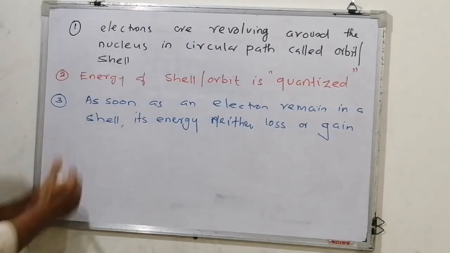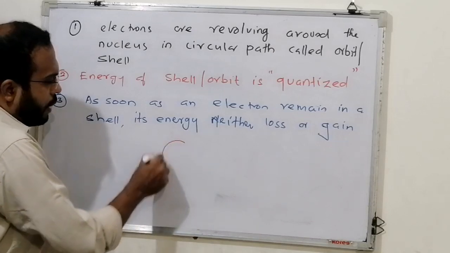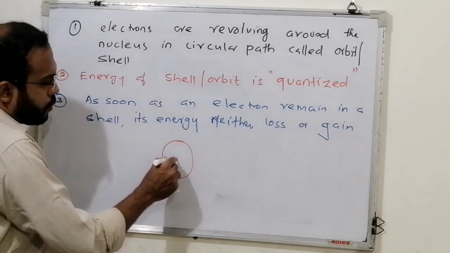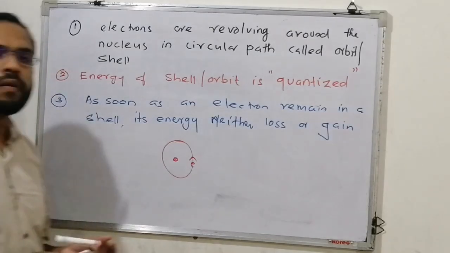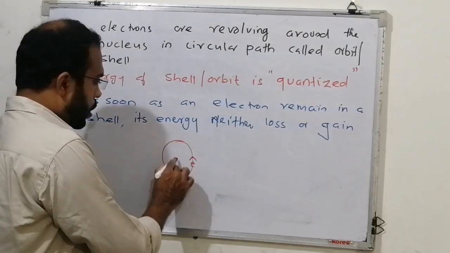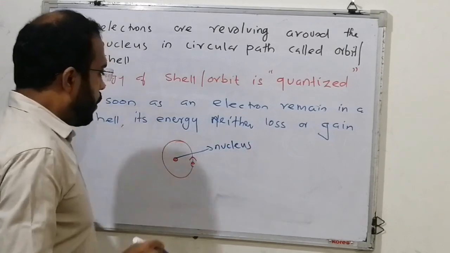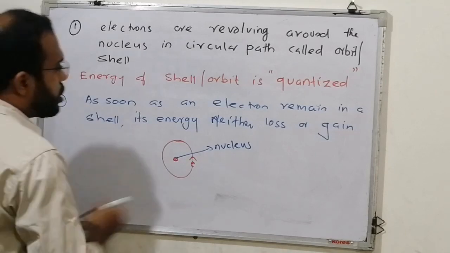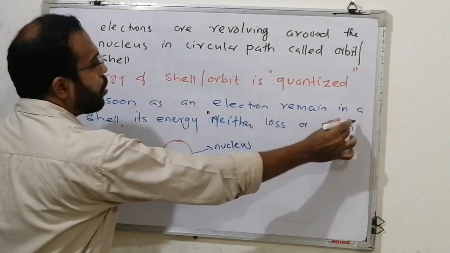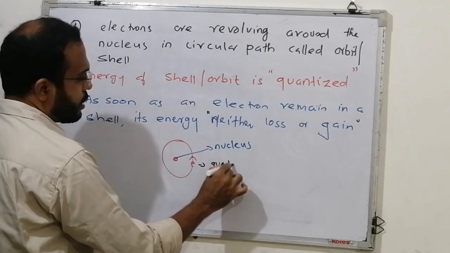That is the meaning of energy level quantized. That is, when an electron revolves around the nucleus, suppose this is the nucleus, its energy neither loses nor gains. It is quantized.